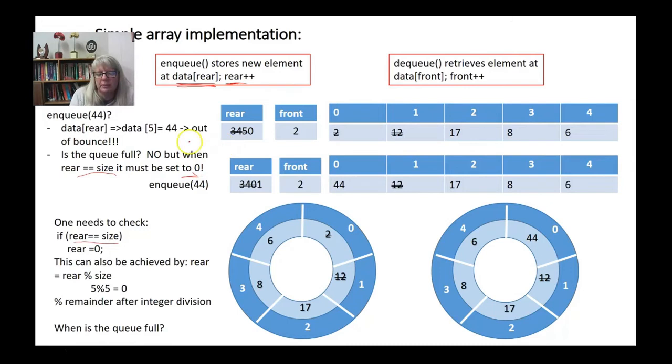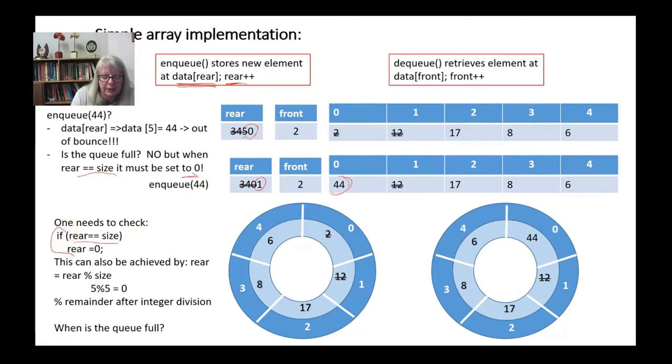I checked it was 4 and then I set it to 0 and I stored it and I incremented. Now it's 1 again. So if I make it a 5, instead of making it 5, I make it a 0. So you can say if rear is equal to size, rear is 0.